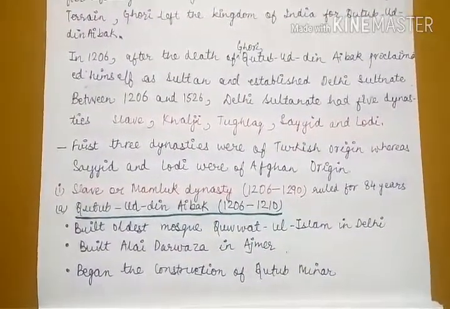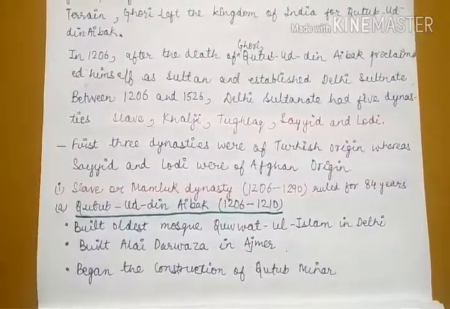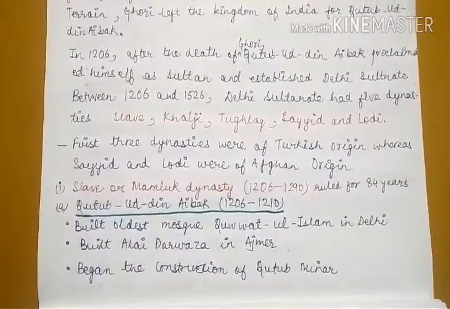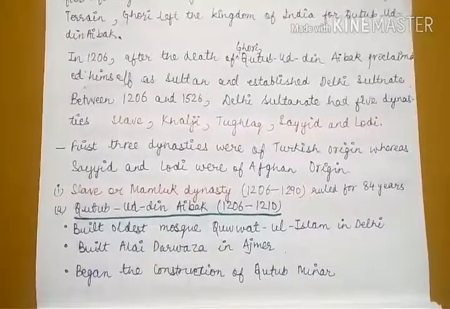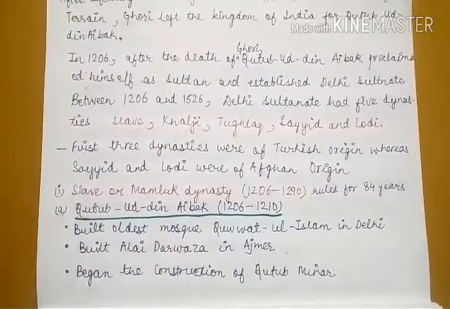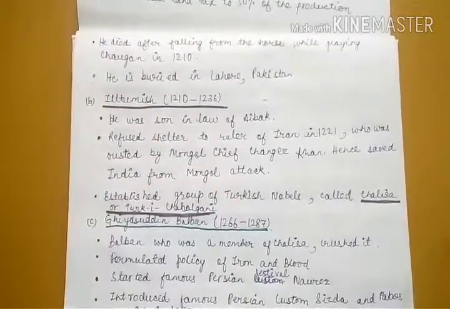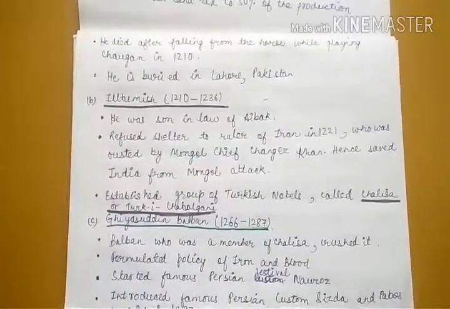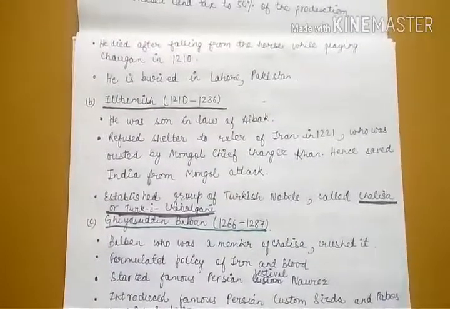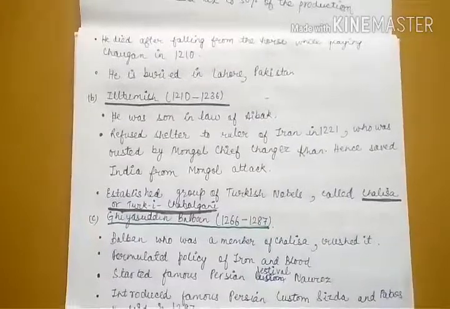He was the one who began the construction of Qutub Minar, although he could not complete it, but the credit for starting the construction of Qutub Minar goes to Qutbuddin Aibak. In 1210, after falling from his horse while playing chaugan, he died. He is buried in Lahore, Pakistan.